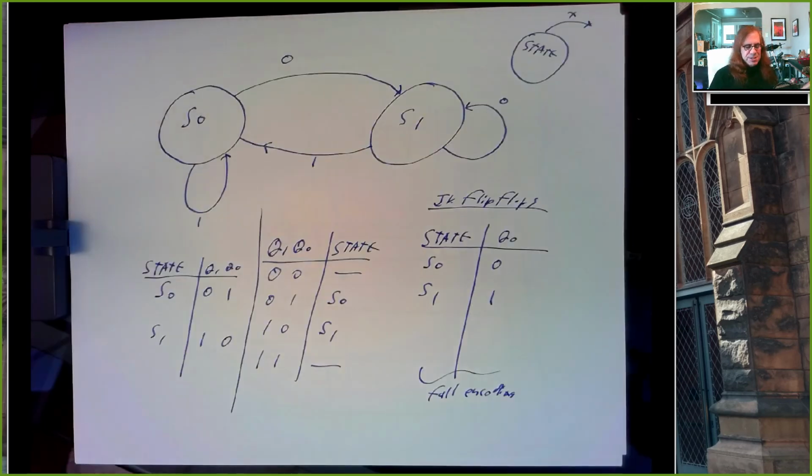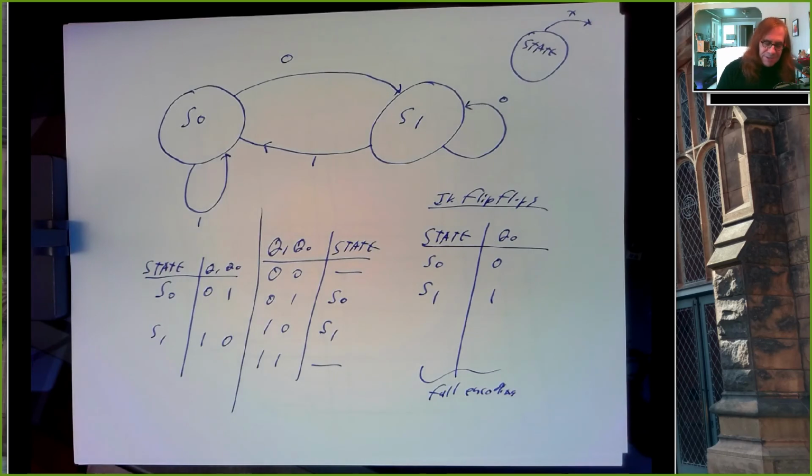And typically we would set our outputs to make sure that nothing weird happens in that case. So sometimes we'll use one hot encoding if it's critical that we know that the system is always only in a valid state.